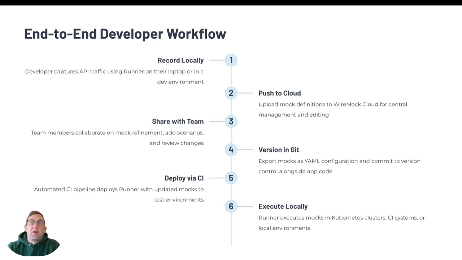We can check all of the local assets that are created using WireMock Runner or WireMock CLI into Git, so we can have versioning on top of those configuration sets, and allow our automated CI pipelines that deploy Runner automatically to update the mocks to the various different test environments, using those environment variables to package them nicely into multiple APIs. And then we can execute against them locally using WireMock Runner inside of our Kubernetes cluster. Or you can deploy it using Docker to any centralized server. It doesn't necessarily have to be Kubernetes either.